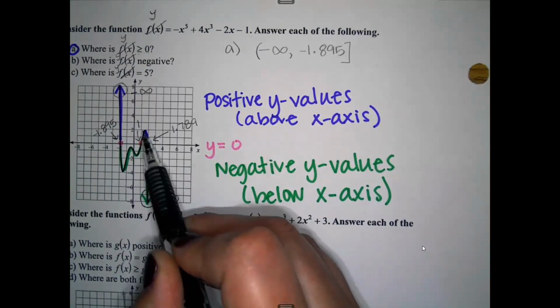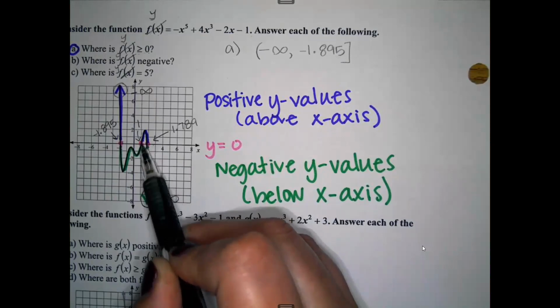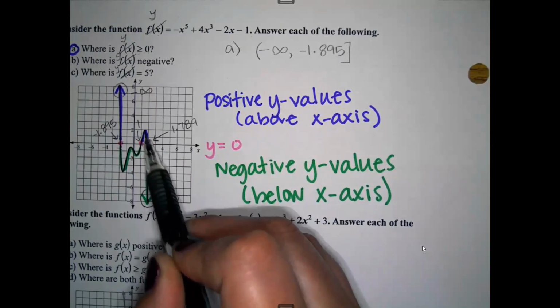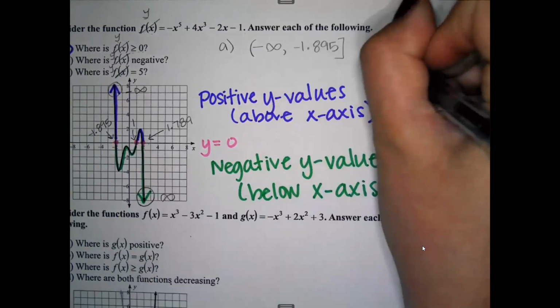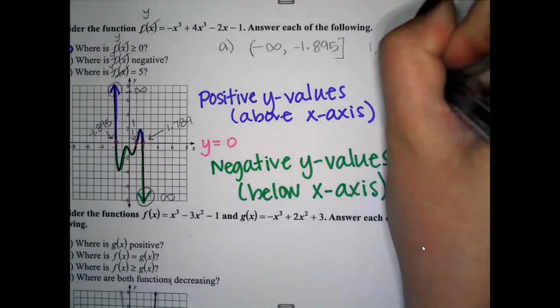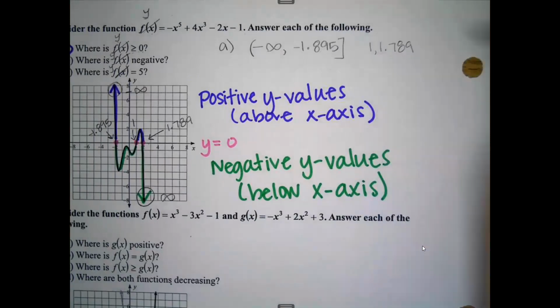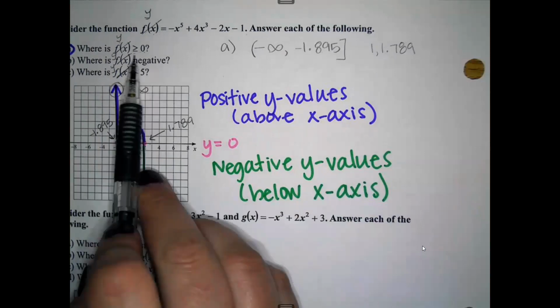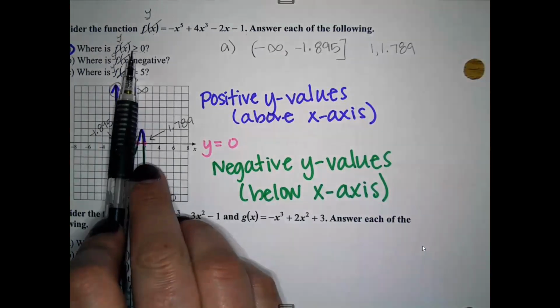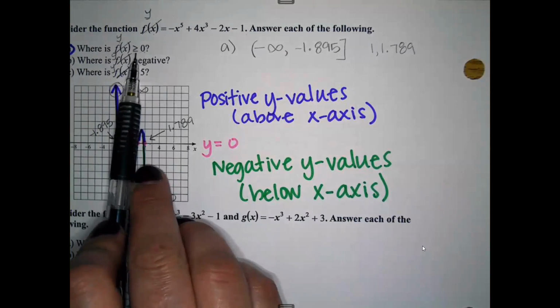What two numbers does that use? One and then 1.789. And then again, the instructions say use the values that are greater than or equal to 0.